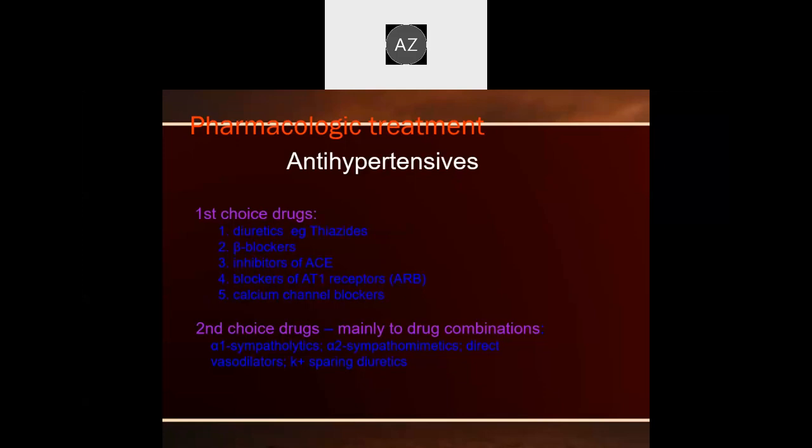The first choice of drugs, you can use diuretics such as thiazides. You can use beta blockers. You can use inhibitors of angiotensin converting enzyme. They block, not beta block, the angiotensin receptor blockers. They block the angiotensin receptor 1.